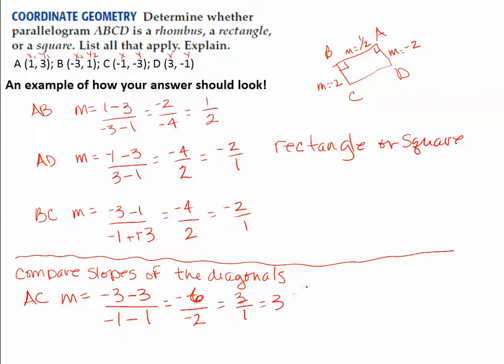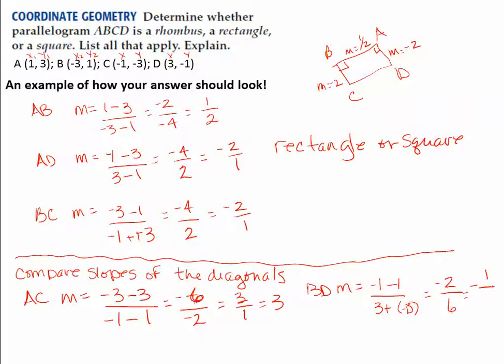Okay, my slope for BD is going to be negative 1 minus 1 over 3 minus a negative 3, which gives me a negative 2. These two guys become positive, so that's a 6.